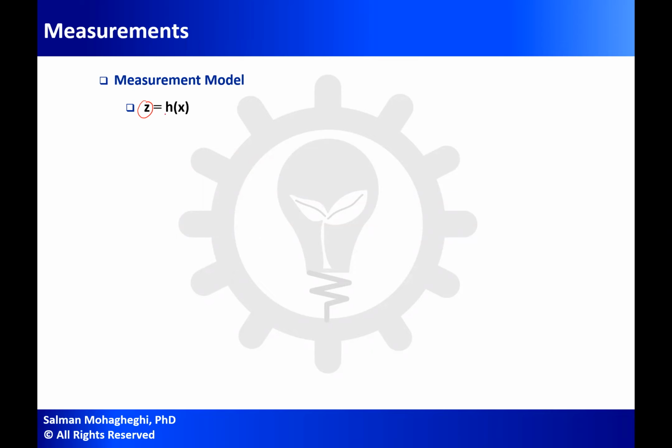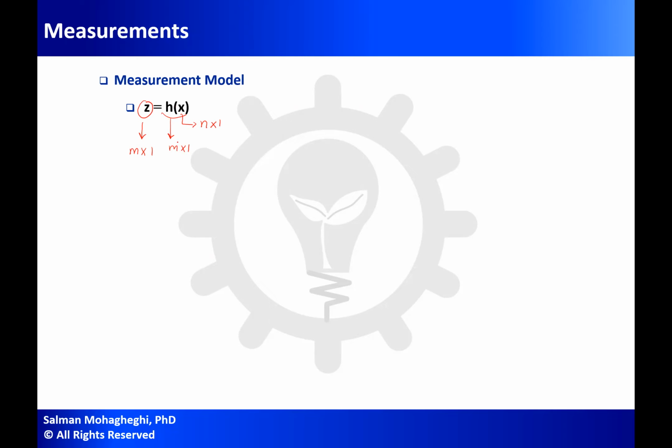And these would be related to the states of the system through some equations h of x, which in the most general sense would be nonlinear. Now, again, remember that I have m measurements. So the vector of measurements z would be m by 1, and I would have n states. So x would be n by 1, and of course, h would have to be the same dimension as z.